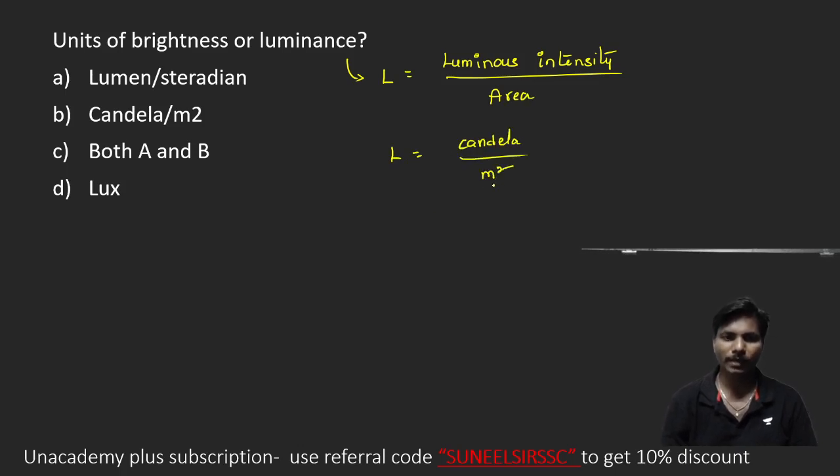So candela per meter square is the unit of luminance or brightness. Sometimes you can also give the Lambert.